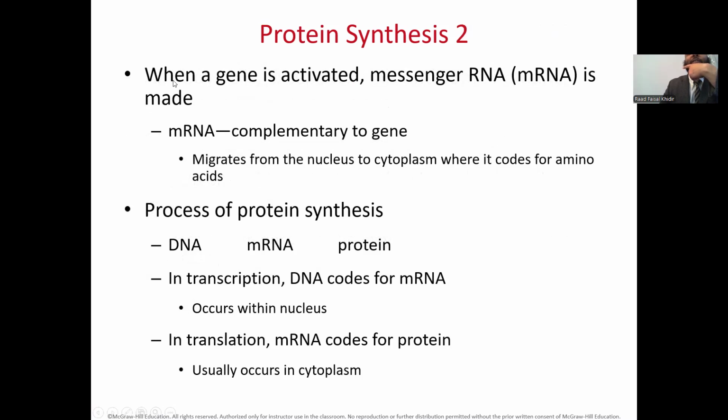When a gene is activated, the messenger RNA is made, and the mRNA is complementary to the gene. What did we call this? Going from DNA to mRNA and from mRNA to protein.